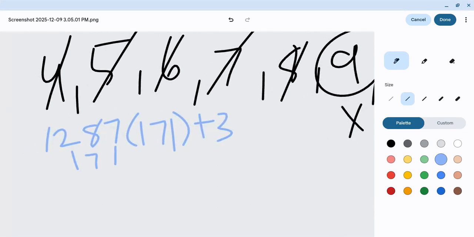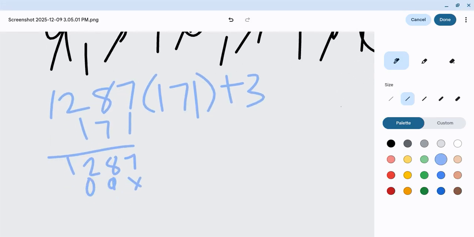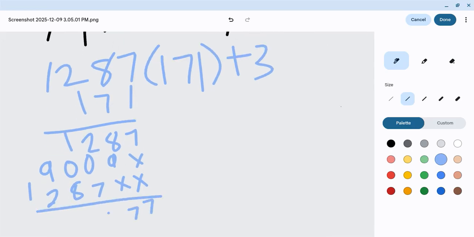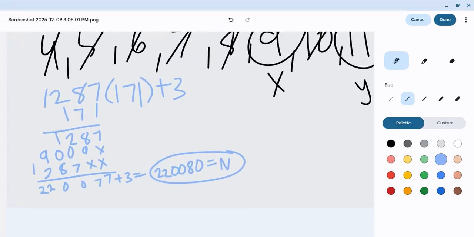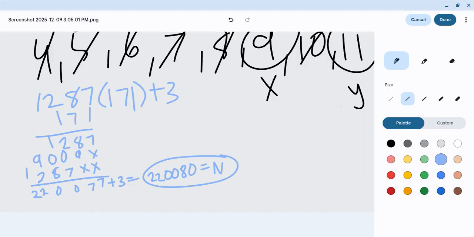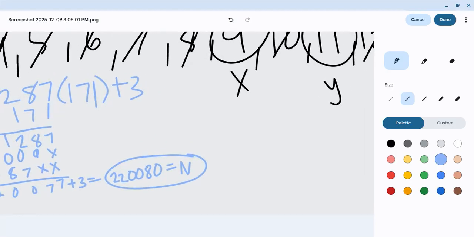So let's multiply this out. So n is equal to 220,080. So now let's prime factorize that.